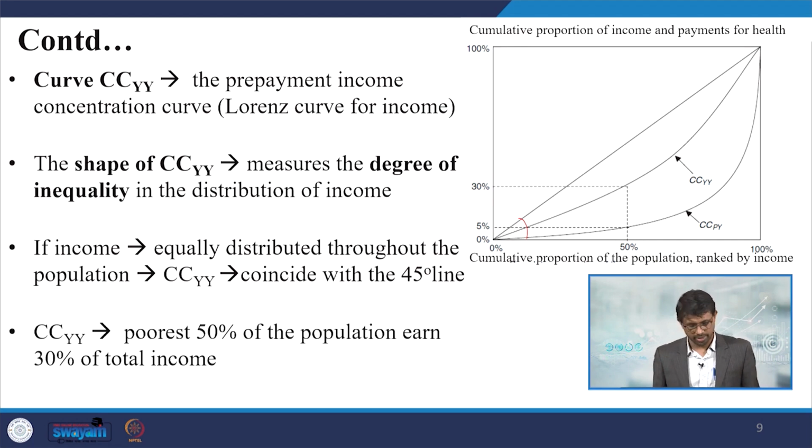That means there will be no inequality or inequity. So, CCYY refers to the poorest 50% of the population, where we have been indicating this point. So, this refers to the poorest 50% of the population earning only 30% of the total income.